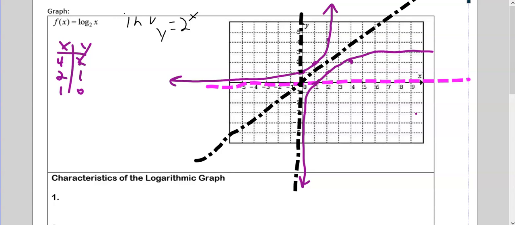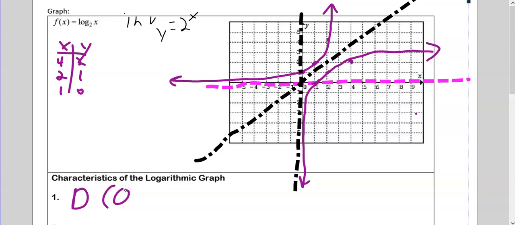Okay? Now, the difference is the domain and range are switched, which we talked about. X and y switch. Domain is the x values, range is the y values. So before, my domain was negative infinity to positive infinity, and my range was 0 to infinity. Well, this time, my domain: how far left does it go?